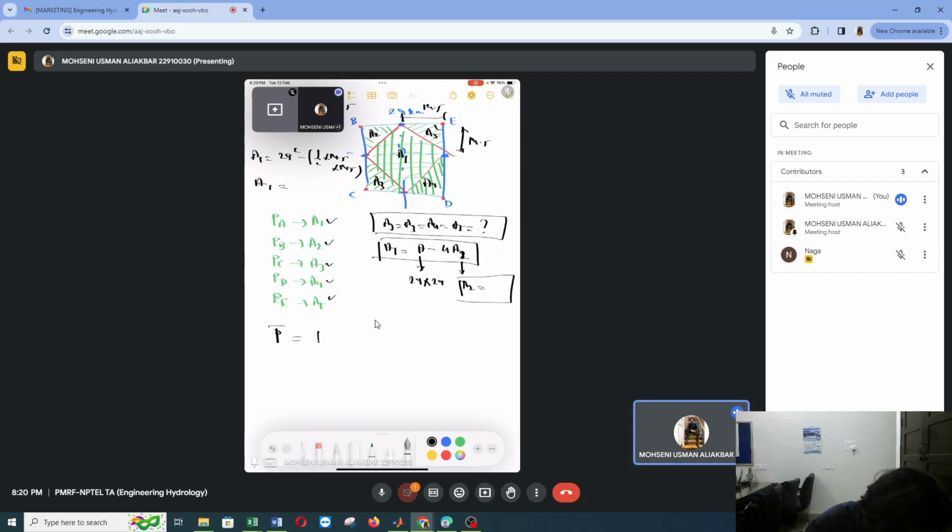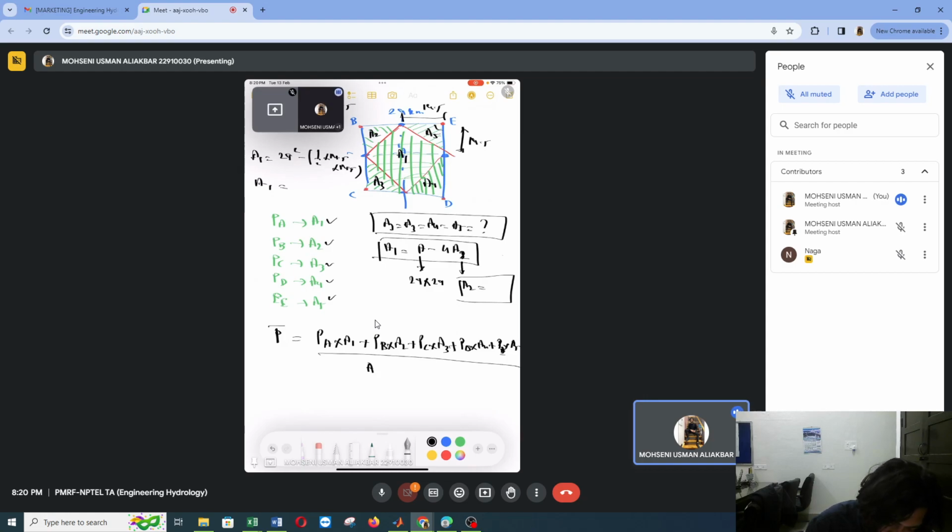So the equation would be P of A multiplied by A1 plus P of B multiplied by A2 plus P of C multiplied by A3 and so on up to P of E multiplied by A5, divided by the total area.